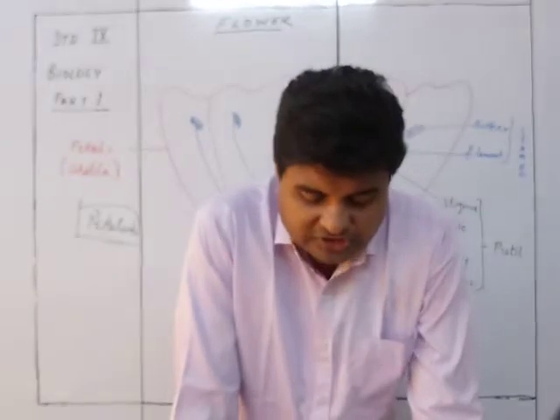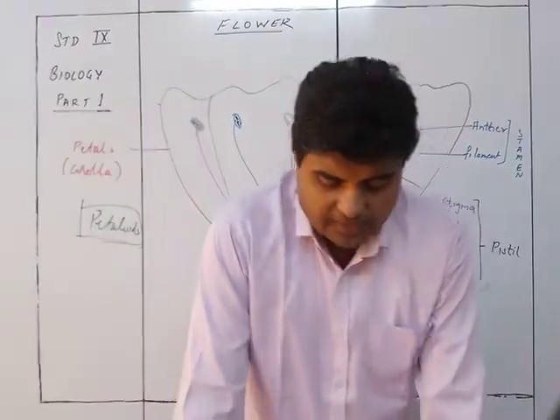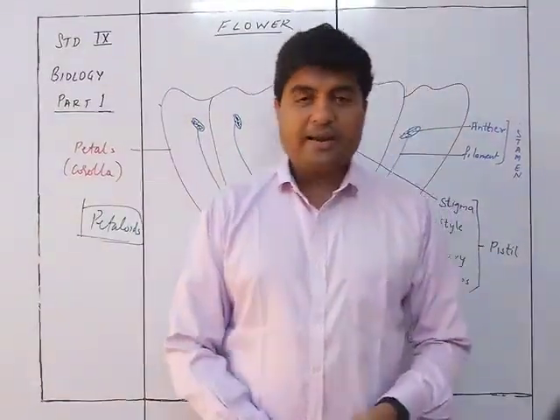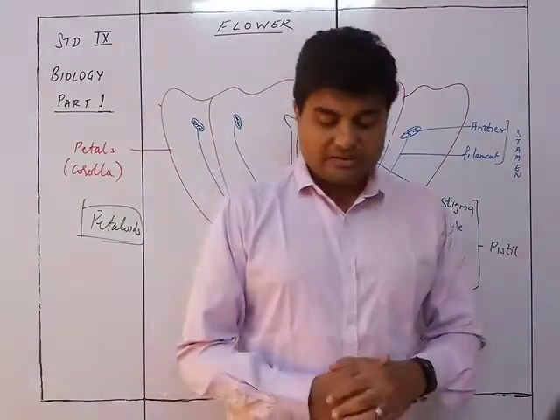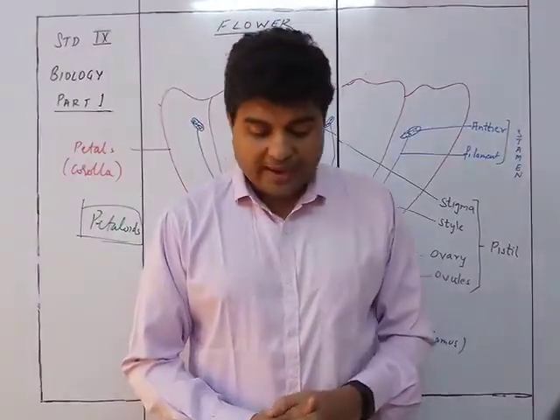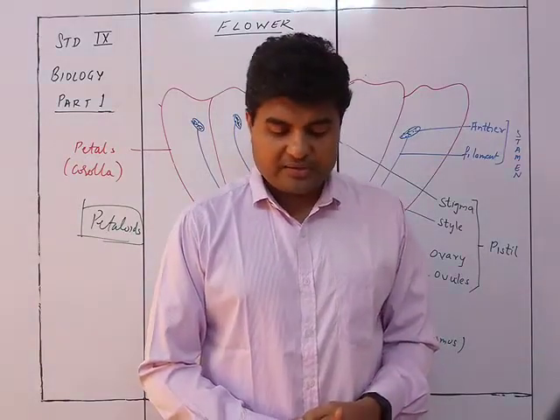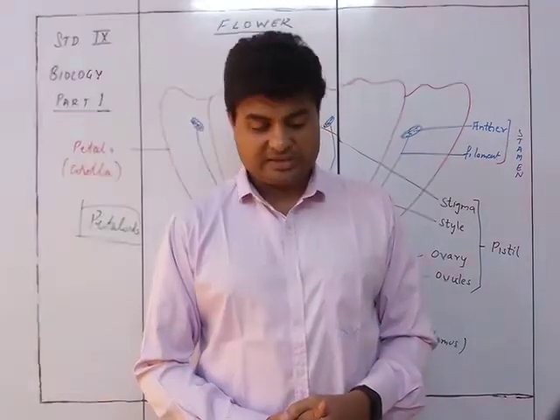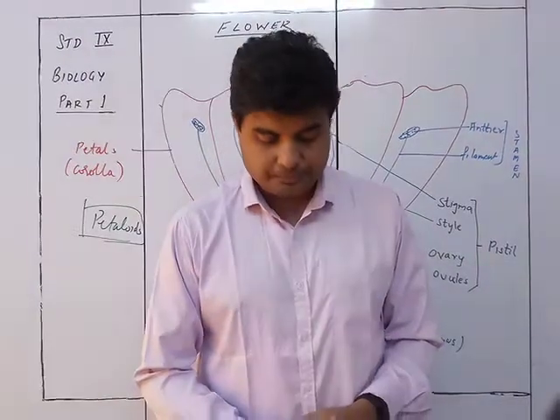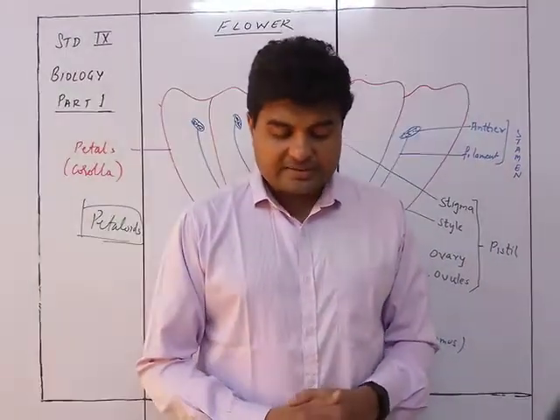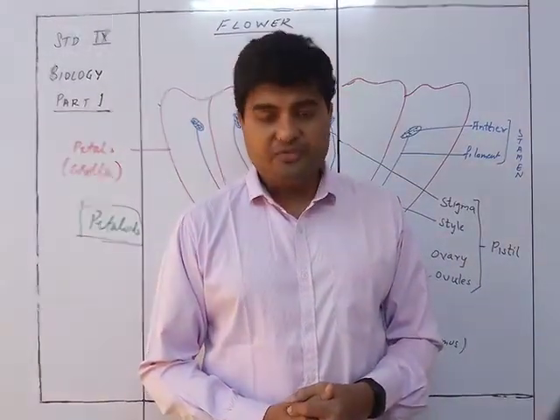In androecium, stamens may be free, that is polyandrous, as in petunia, or joined in different ways in single, double, or several groups. If it is a single group, then it is monoadelphous.